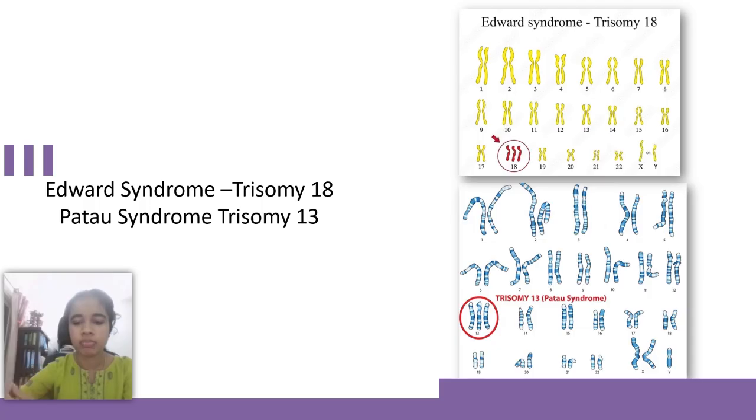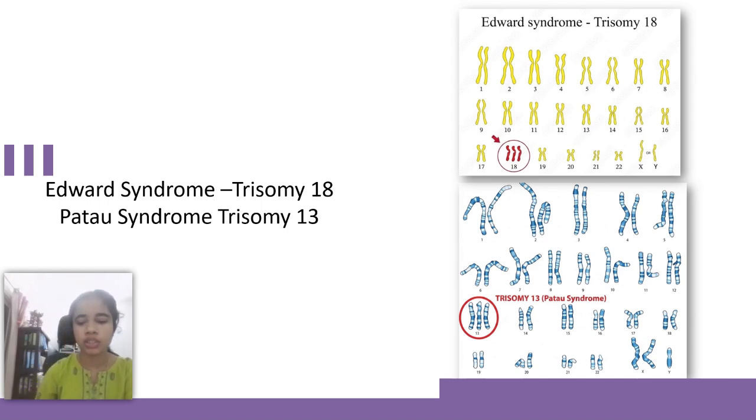The body cannot compensate, so that leads to reduced survival. In many cases they end in miscarriage because of the severity of the imbalance. The bigger the chromosome is, the more genes are affected, which leads to greater impact.